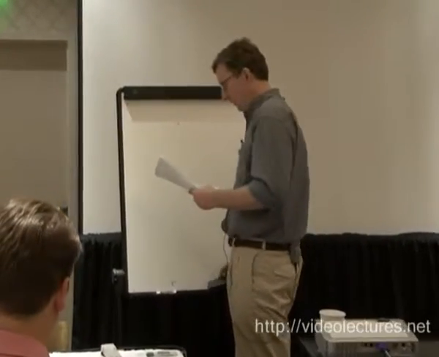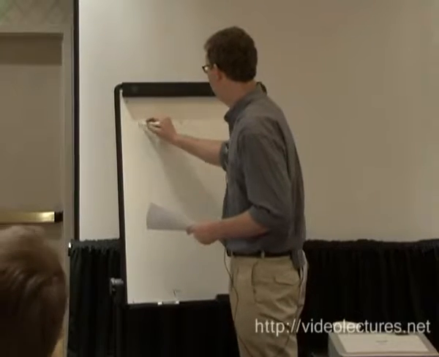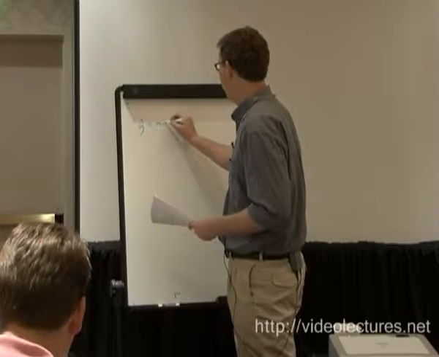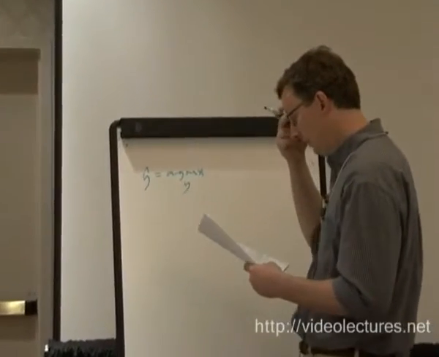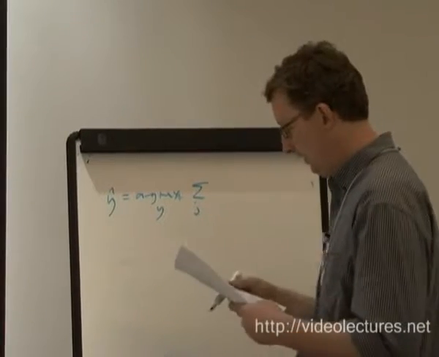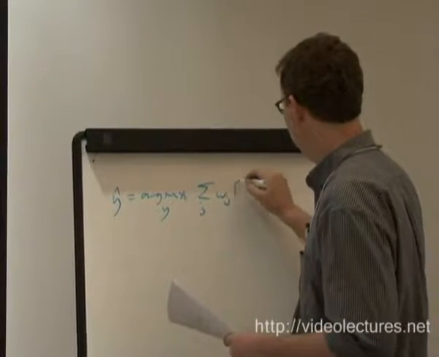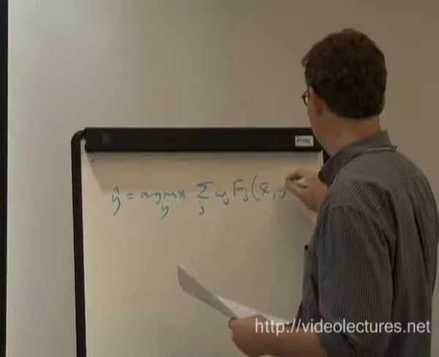So we want to calculate y hat, which is the argmax over y of the sum over j of wj fj of x bar y bar.